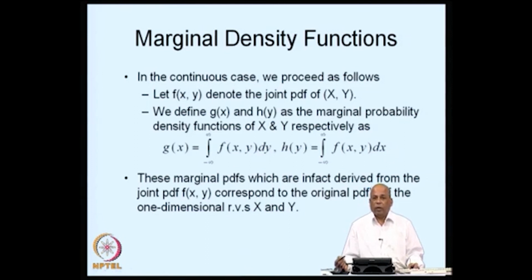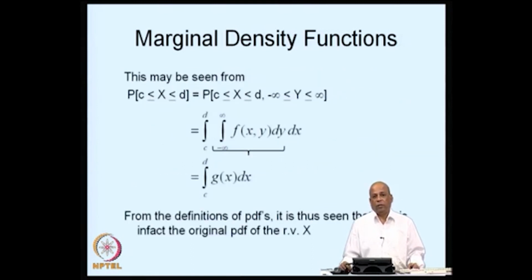Now, these marginal densities are derived from the joint densities, but we can also see that they are in fact the original densities of x and y themselves. This may be seen, for example, if you are interested in the probability of x lying between c and d. This is obtained as the probability that x lies between c and d and y lies between minus infinity and plus infinity.